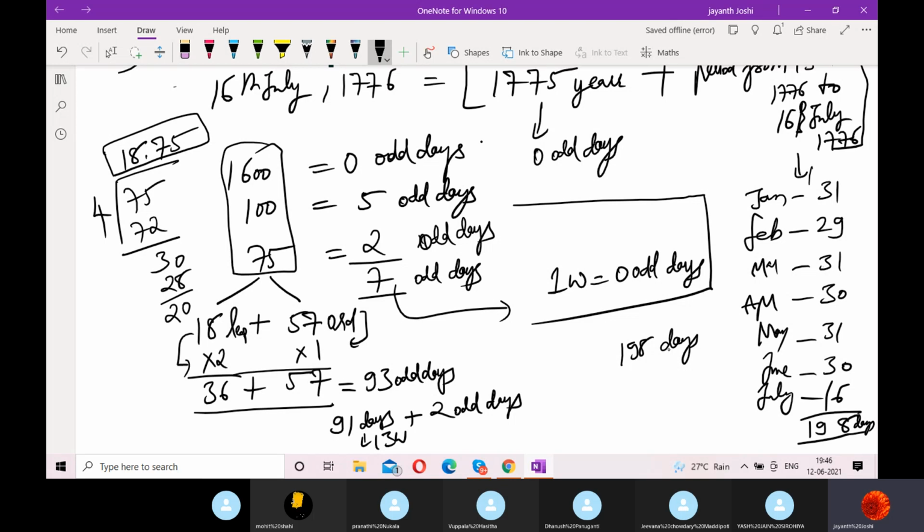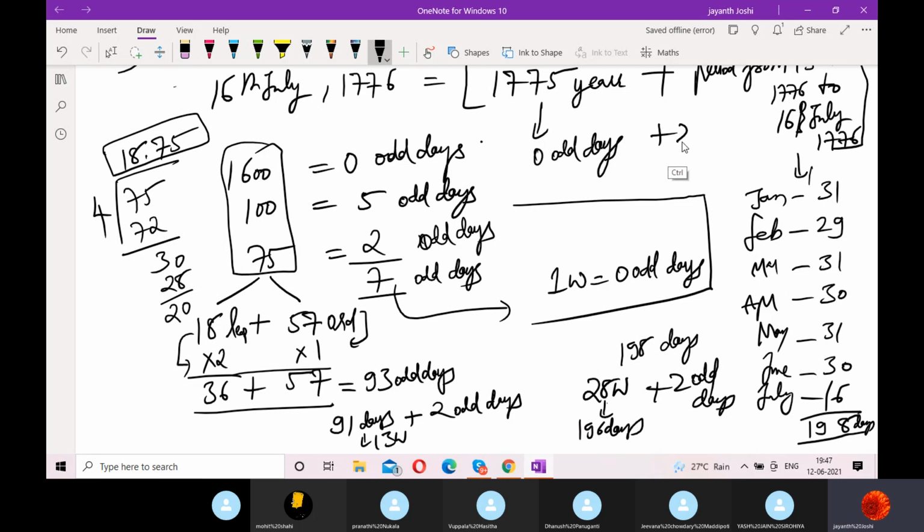So if you divide 198 by 7, or if you often know, 28 sevens are 196 days. So 28 weeks make 196 days plus 2 odd days. So here we got 2 odd days.